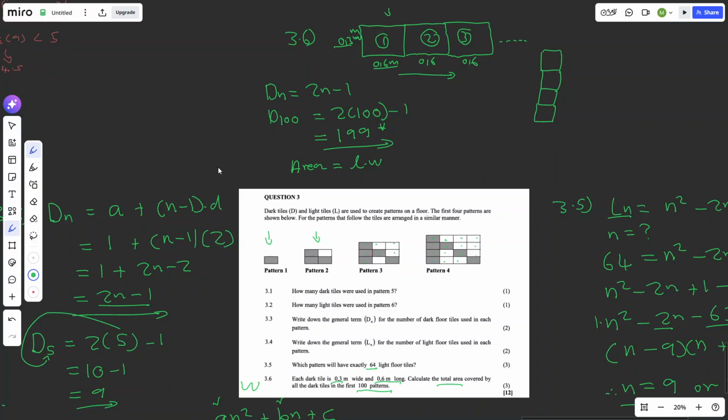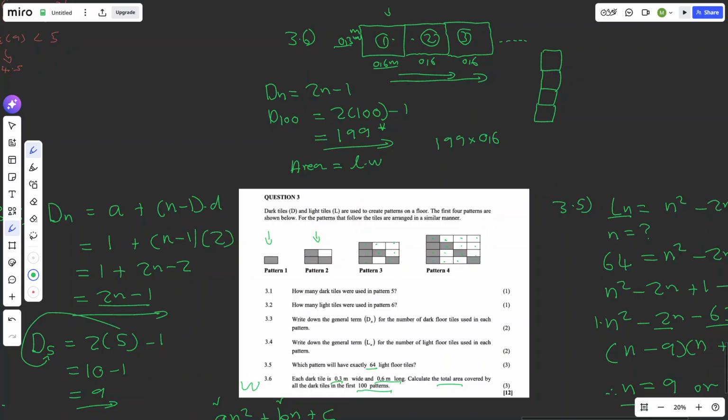Okay. So now what we need to do is find the total length across this whole horizontal line here, where we stack up all these dark tiles. We know about 199, right? That we're going to be stacking at 1, 2, 3, 4, etc. Now we can multiply that by 0.6 to find the length across that direction.